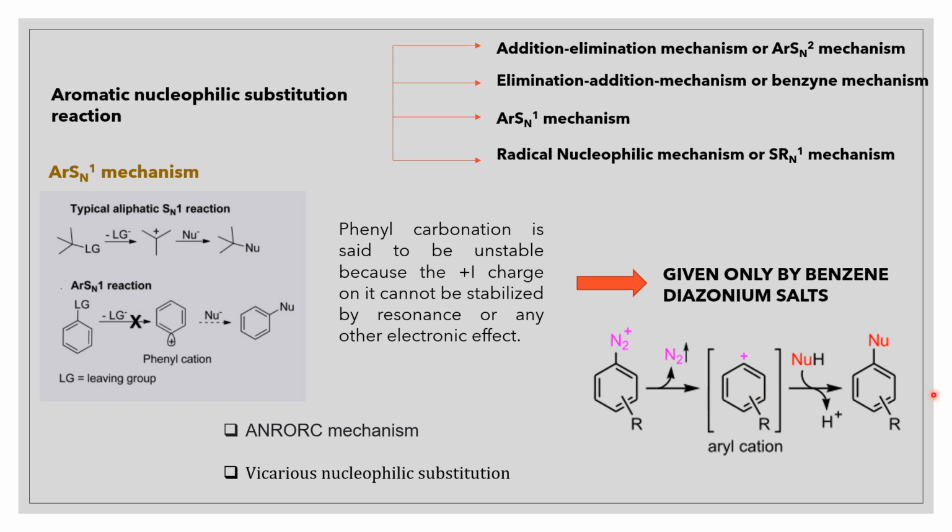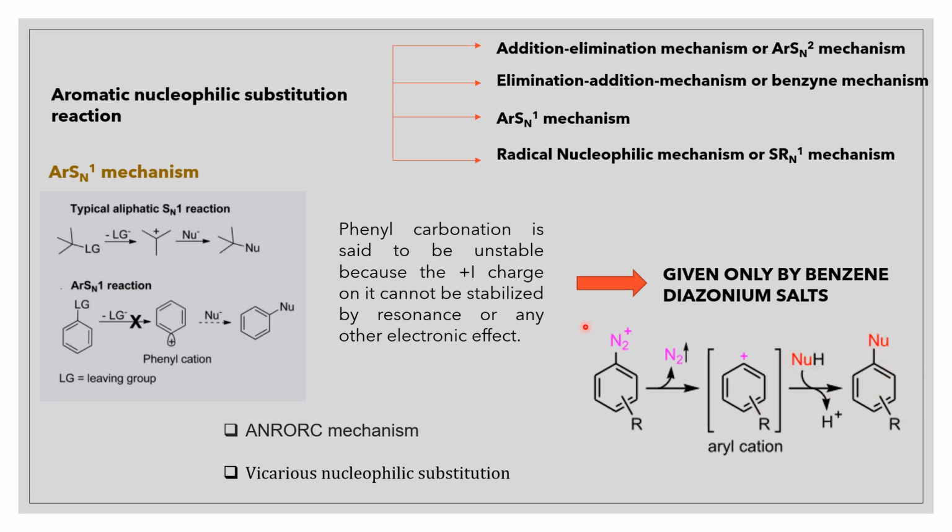So this is the mechanism of the reaction. In benzene diazonium salt, you will be having N2Cl or N2 plus ion attached to the phenyl ring. That is what is known as the benzene diazonium salt, and initially it eliminates a molecule of nitrogen to form the phenyl cation. So you will be having other substituents as well, which are shown as R in the figure, and this will then, on addition of the nucleophile, form the final product.